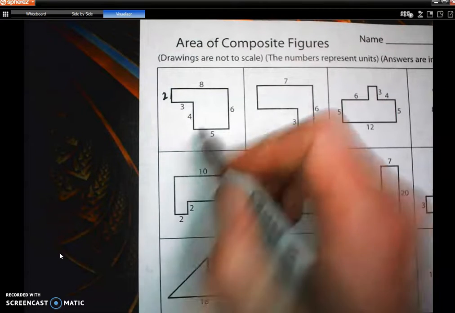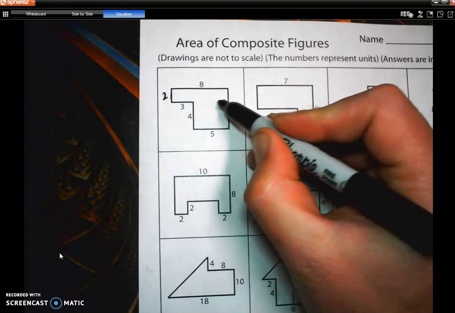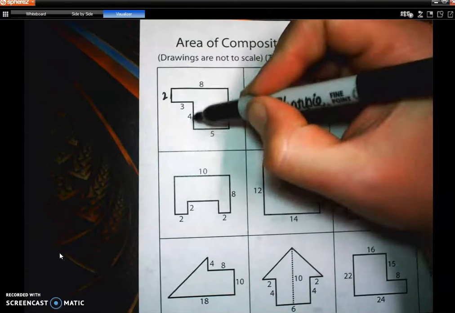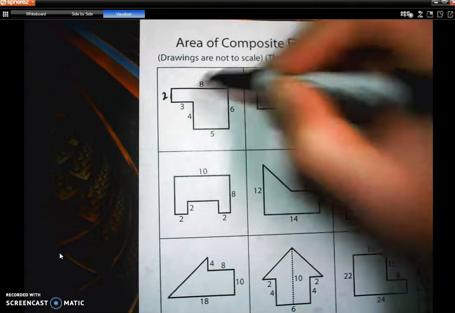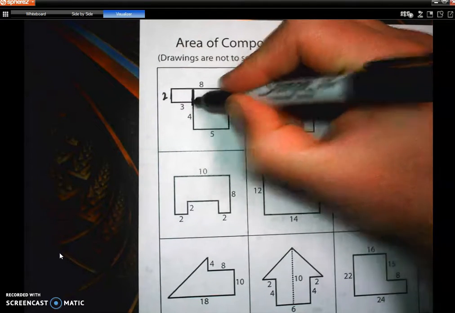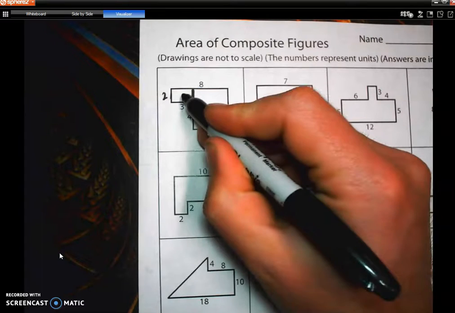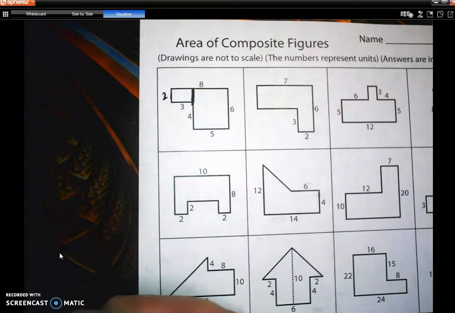And then you look at it and chop it into different shapes. I could either chop it into a rectangle and a square, or a larger rectangle and a smaller square. It doesn't matter. I'm going to draw it like this. So now I have two shapes that are together, this rectangle here and that rectangle there. Now remember, area equals base times height.